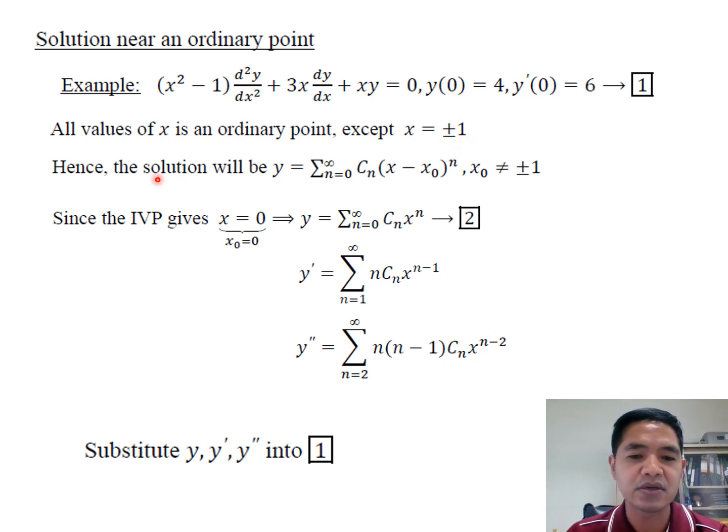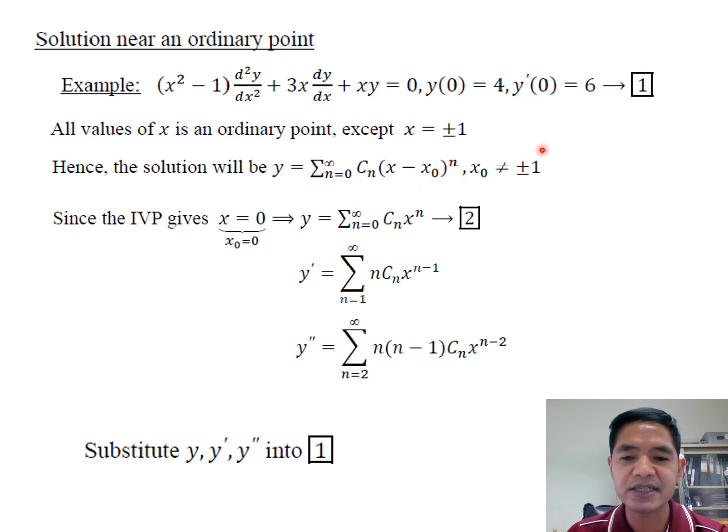Okay, so in the first step, you take the general form of the solution, which is y equal to the summation of cn times (x minus x0) to the power n, from n equal to 0 to infinity.